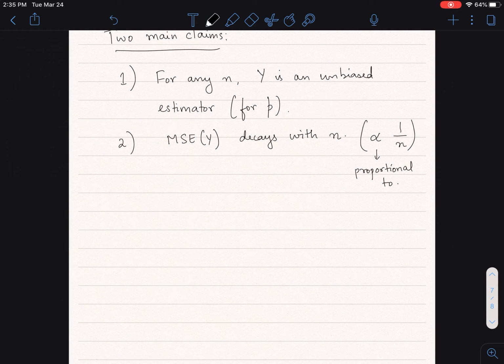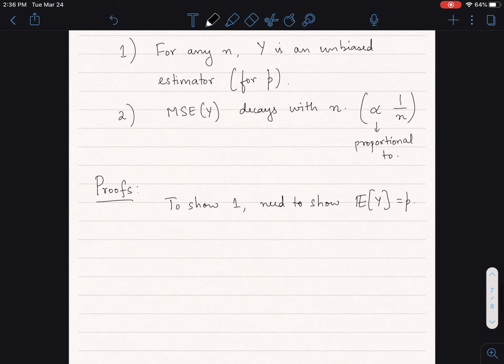The first one turns out to be very easy. So let's see the proofs. How do you show that an estimator is unbiased? To show one, all we need to show is that expected value of y is exactly equal to p. And how do you do this?